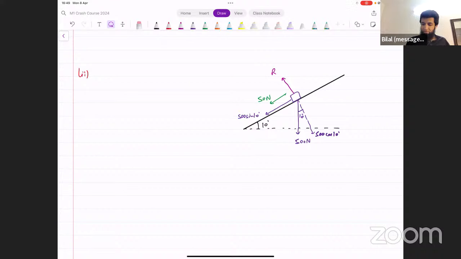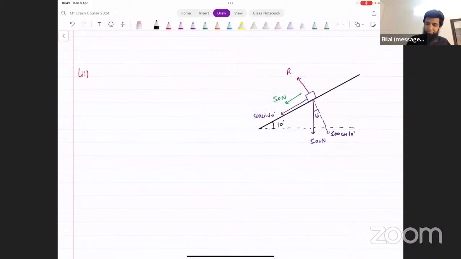Now, let me draw another diagram here to understand the distances. Let's say this is 10 degrees. What's happening is, this was the block, somewhere. It travels a distance of 5 meters and reaches this point.